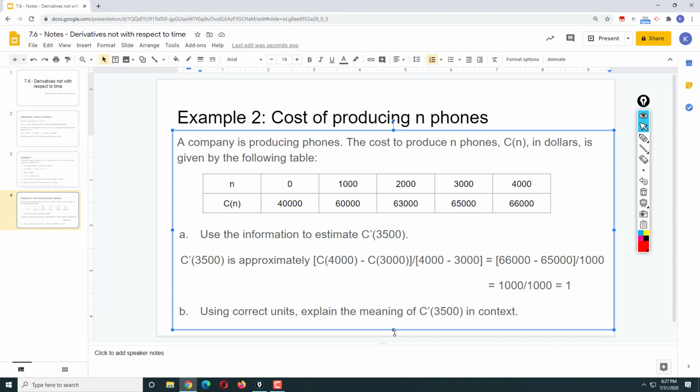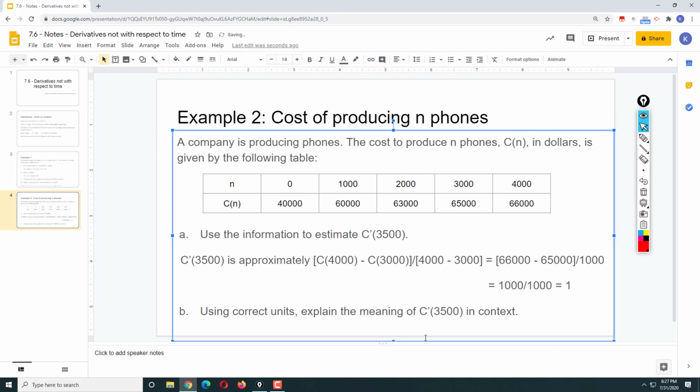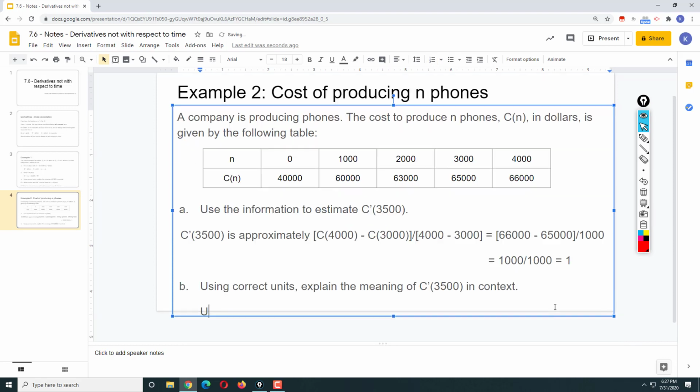Explain the meaning of C prime of 3,500 in context. Well, first of all, the unit is going to be a unit of C divided by a unit of n, which is dollars per phone.